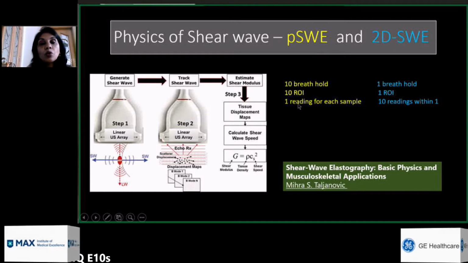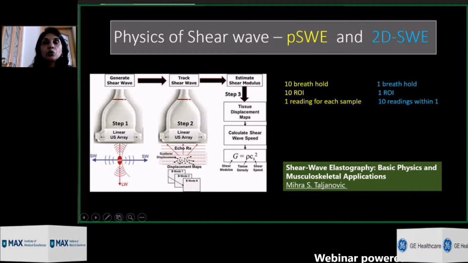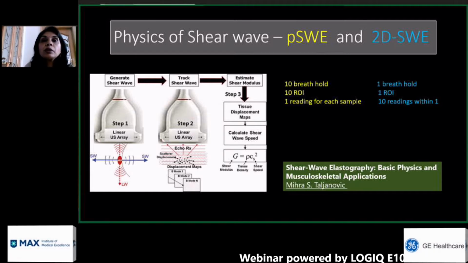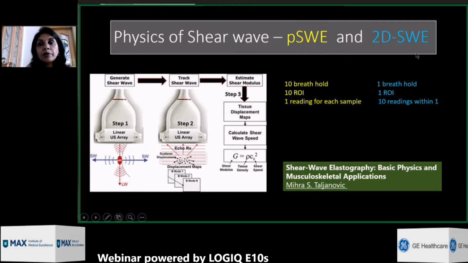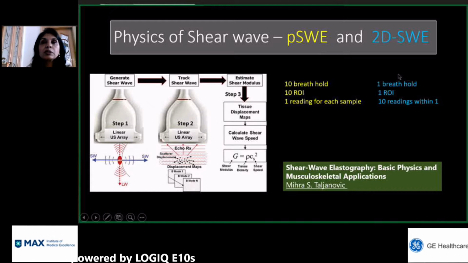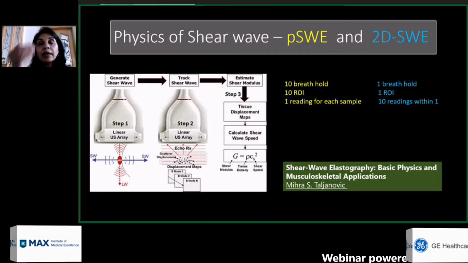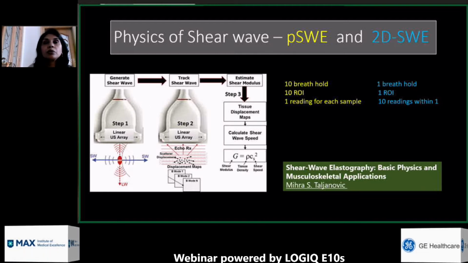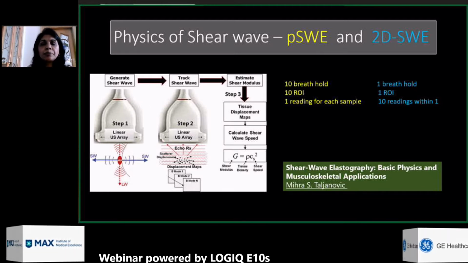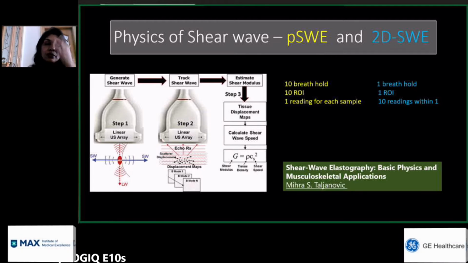There is one reading for each ROI, which is then used in the post-acquisition tool to give us the interpretation of the elasticity index. Whereas in two-dimensional shear wave elastography, there is just one suspended respiration, so that one box or region of interest is created, and in that one region of interest you take readings and then interpret the findings. So that's the basic difference between point shear wave and 2D shear wave.